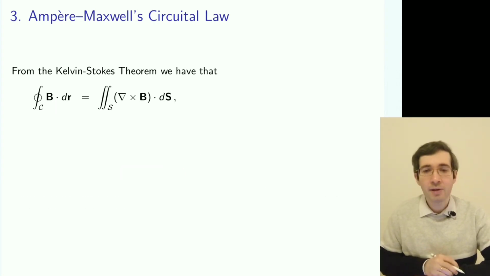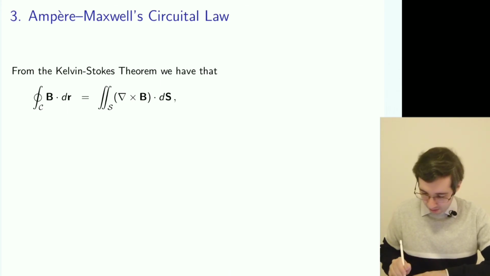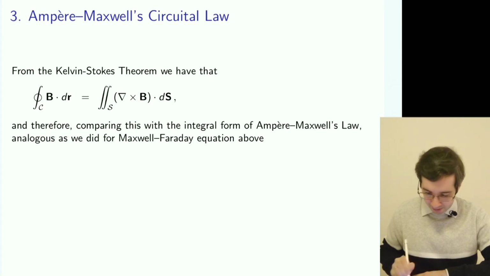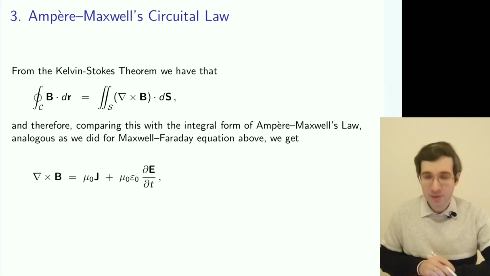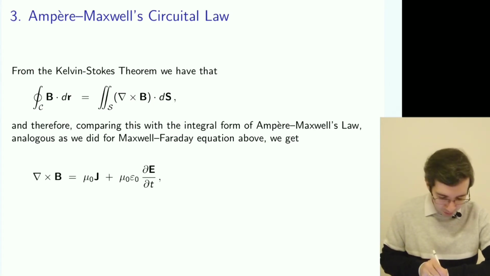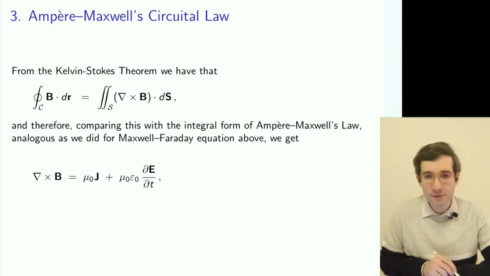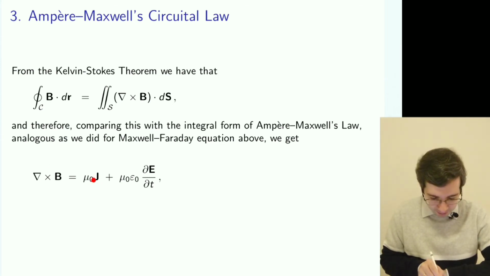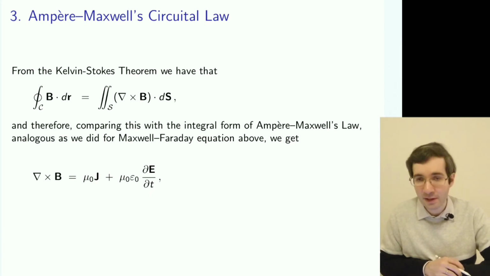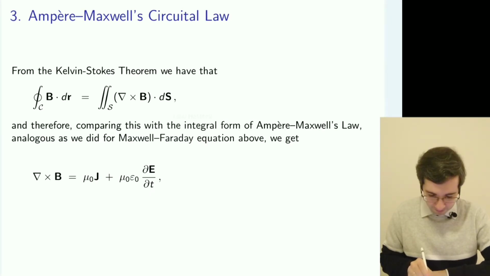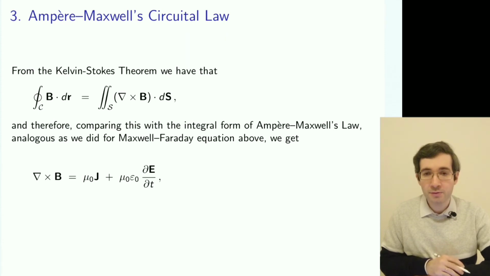And again, applying the Kelvin-Stokes theorem to that, we can express it in the differential form, where we have the curl of the magnetic field related to the electric current density and the rate of change of the electric field, which is quite a powerful result.